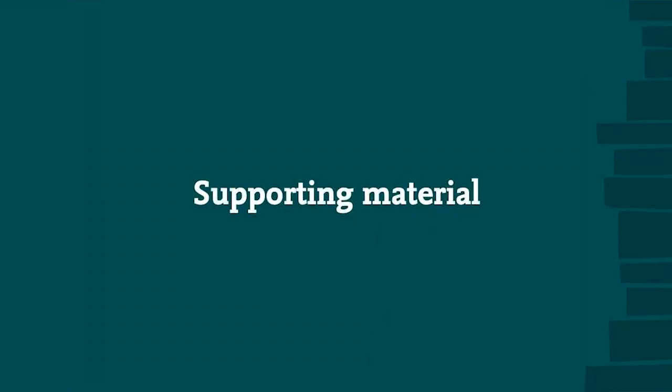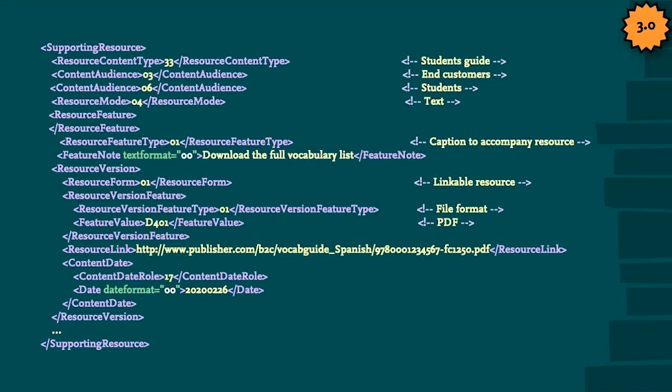Supporting material. This is the kind of thing that you'd be sending in block 2, so things like the cover images, etc. But some audio material comes with supplementary material. So for example, the Spanish method that we looked at as an example for language may come with a vocabulary list.